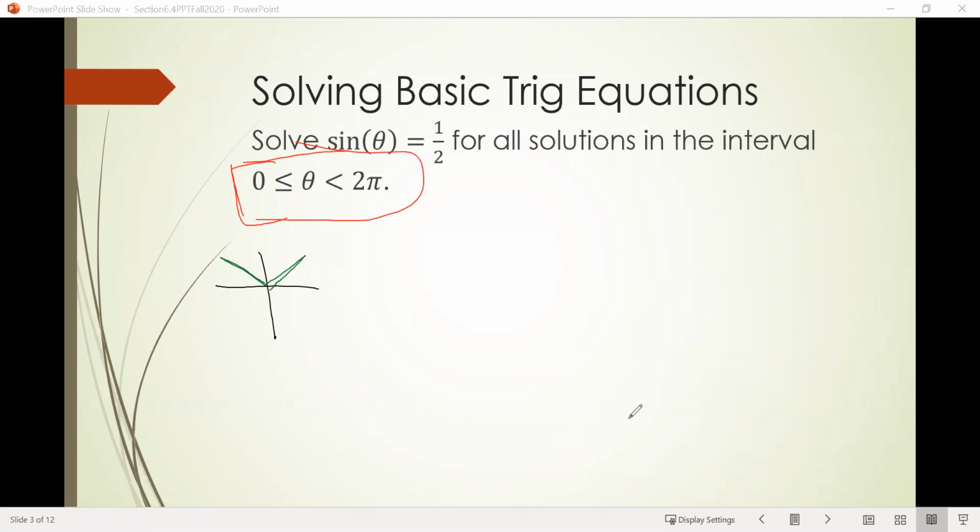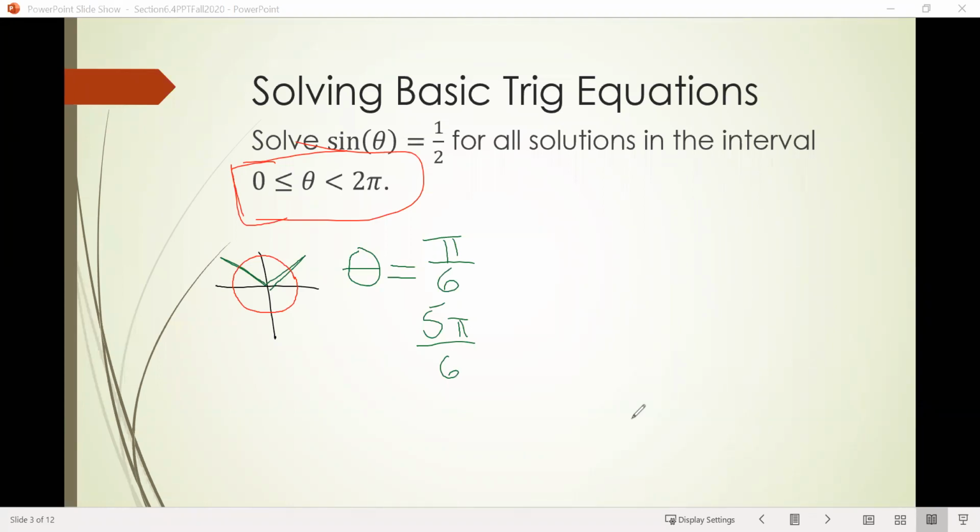And so we're only looking at values that would lie on the unit circle. So where in the unit circle is sine equal to positive 1/2? Well, from my remembrance of the unit circle, that happens at pi over 6 and then 5 pi over 6.